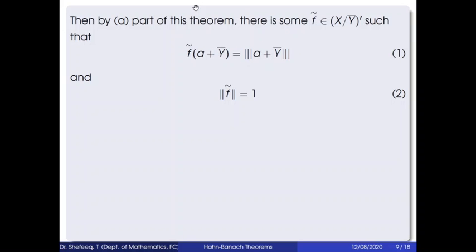So here we use part 1 of this theorem. So there is a f tilde from X by Y bar dash satisfying these conditions.